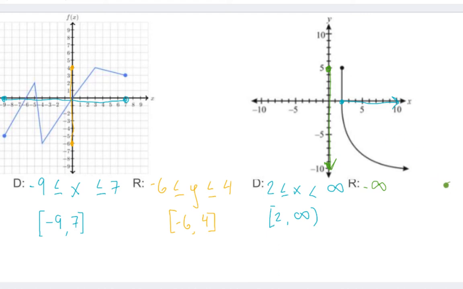The highest it goes is 5. It's y because it's the range. That's just a less than because it doesn't include infinity. And this is less than or equal to because it does include the number 5. So parenthesis for the negative infinity, comma, and a bracket for the 5.